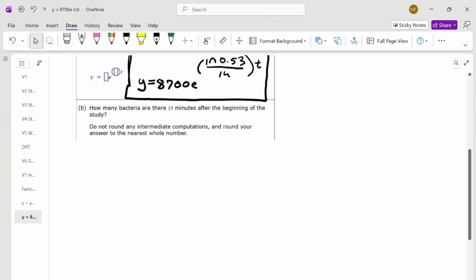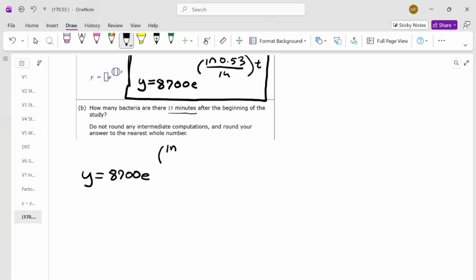So in part B, we are asked how many bacteria there are 15 minutes after the beginning of the study. So copy down our formula, y equals 8,700 times e raised to the power of ln, the natural log, of 0.53 over 14, and then multiply that by 15, because that is our t.